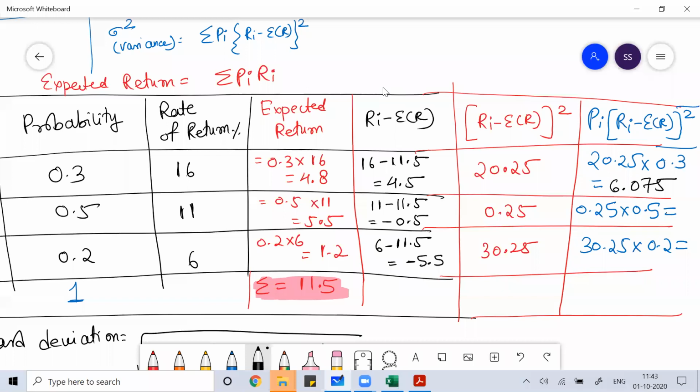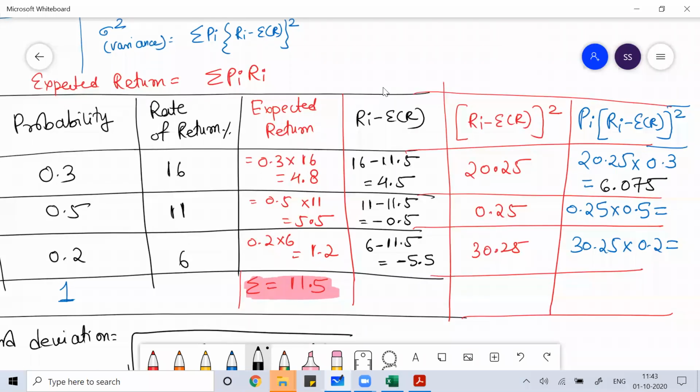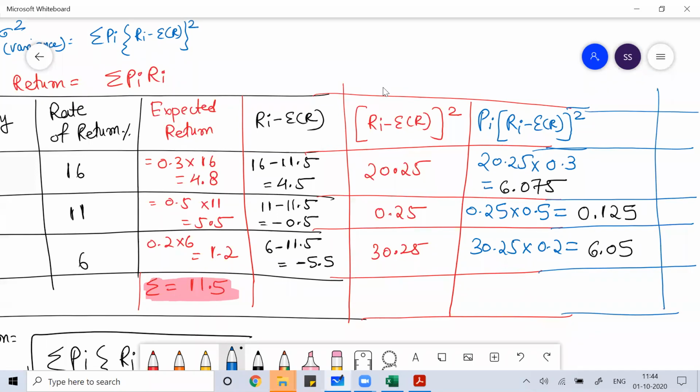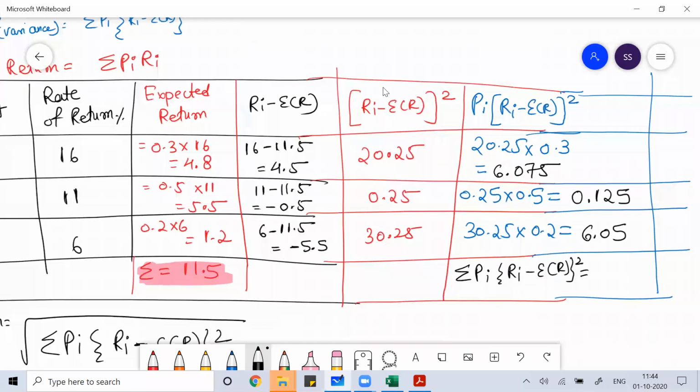Anyone, any doubt? Then do the sum of this.